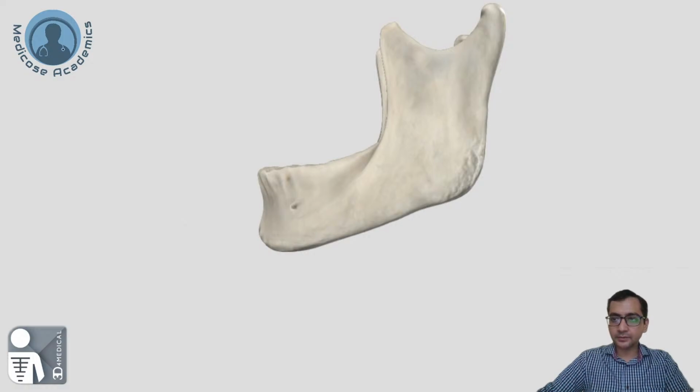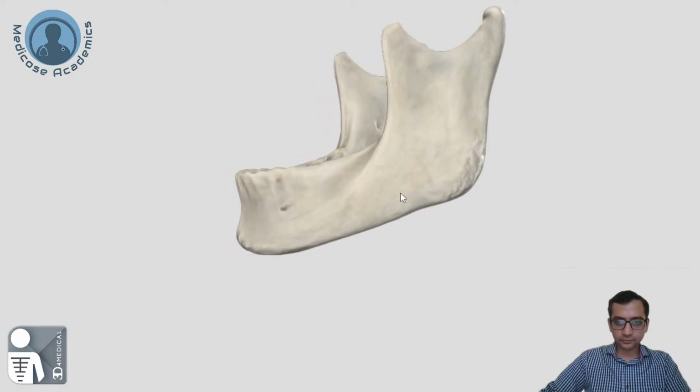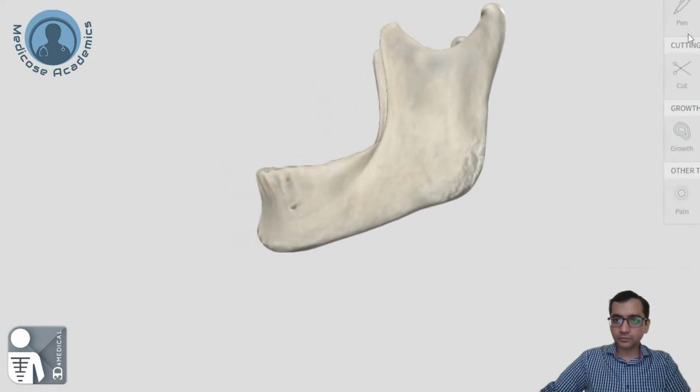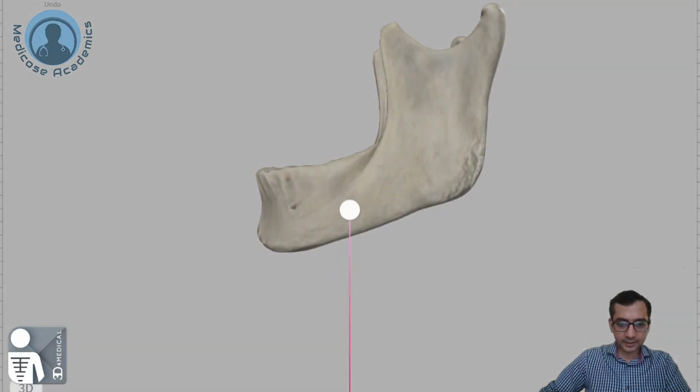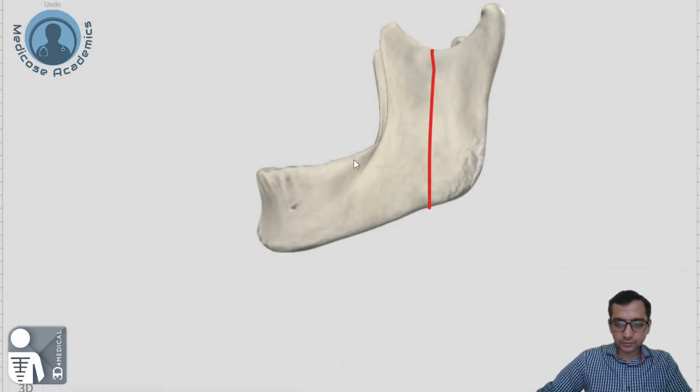This vertical part is called the ramus. This horizontal part is the body, and between them, here is the angle. Very simply, let me get my tools ready. Okay then, ramus, body, and angle between them.